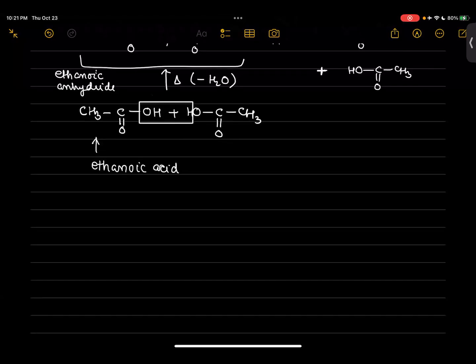And in anhydrides, it may not be necessary that both the parent acids are the same. We can have different parent acids also.